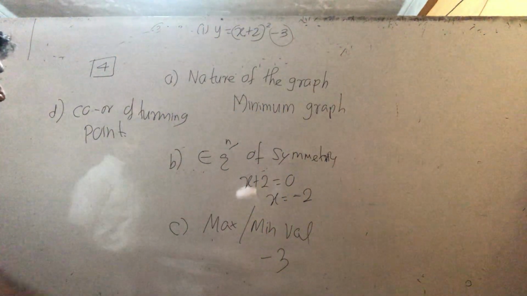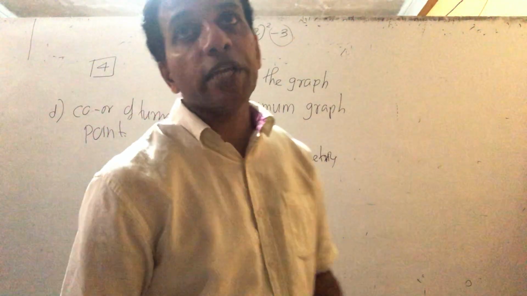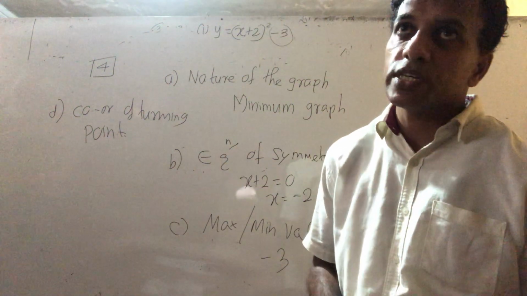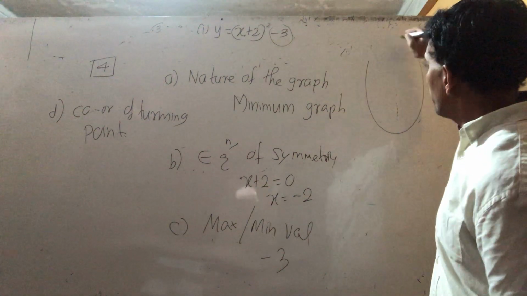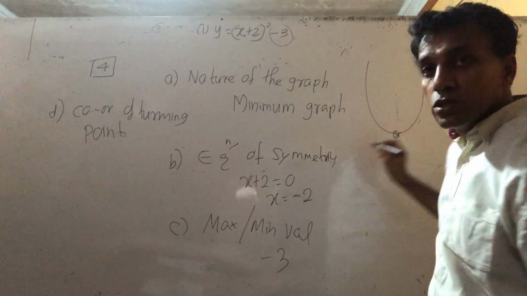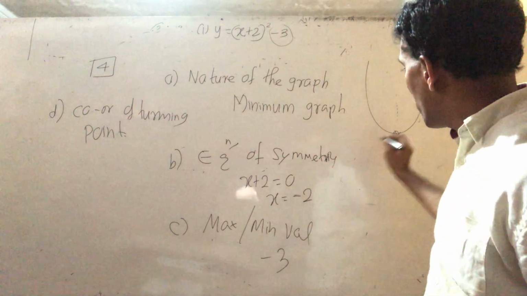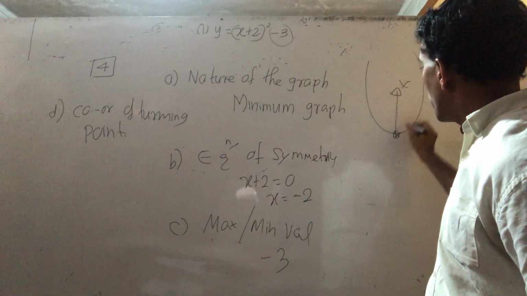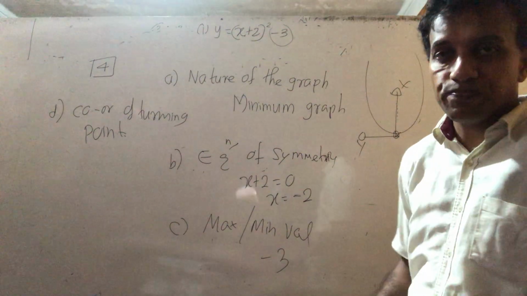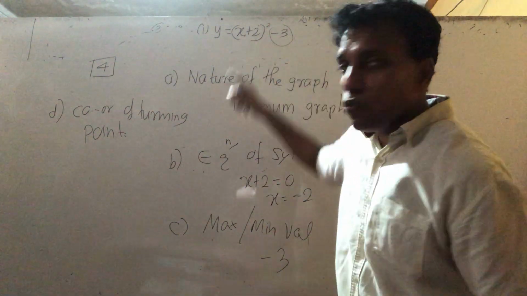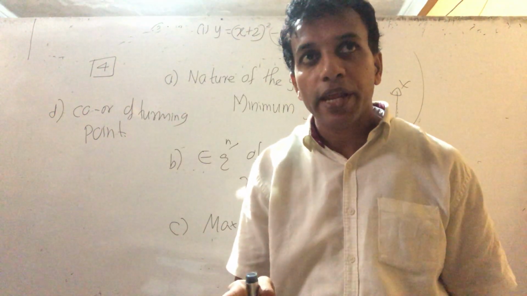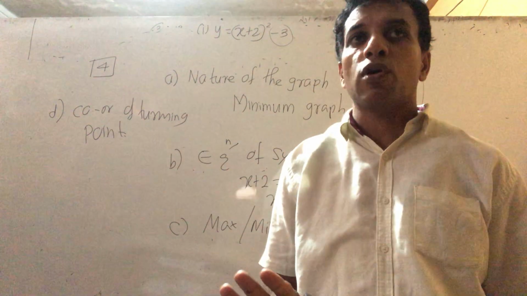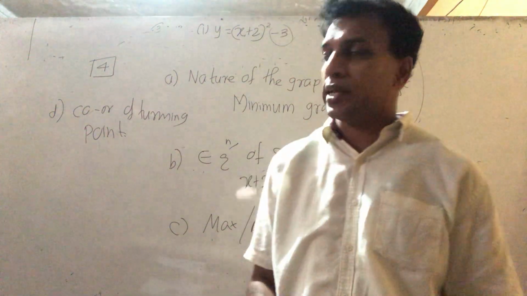So the last part, coordinates of the turning point. I mentioned this is a minimum curve. What do the coordinates mean? Find the x value and find the y value. When drawing a parabolic curve, the symmetric x coordinate is the minimum or maximum x coordinate.